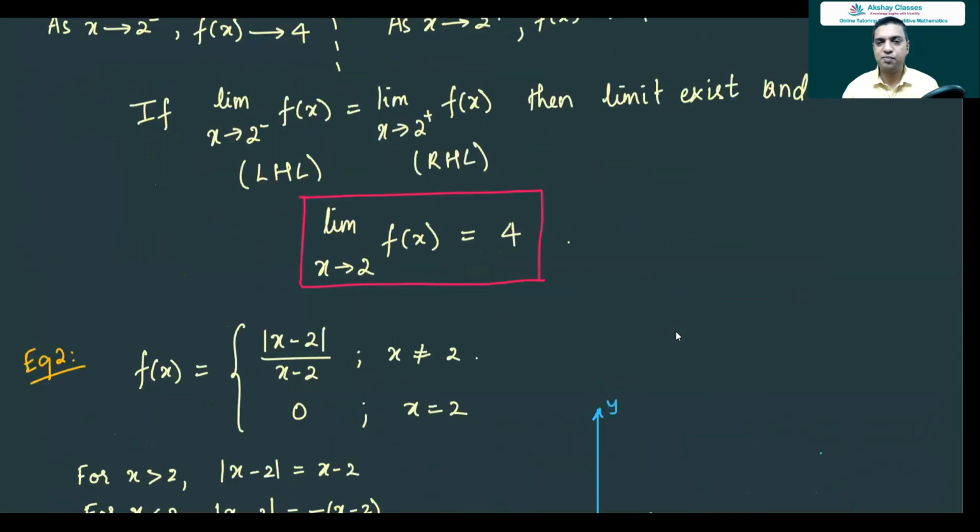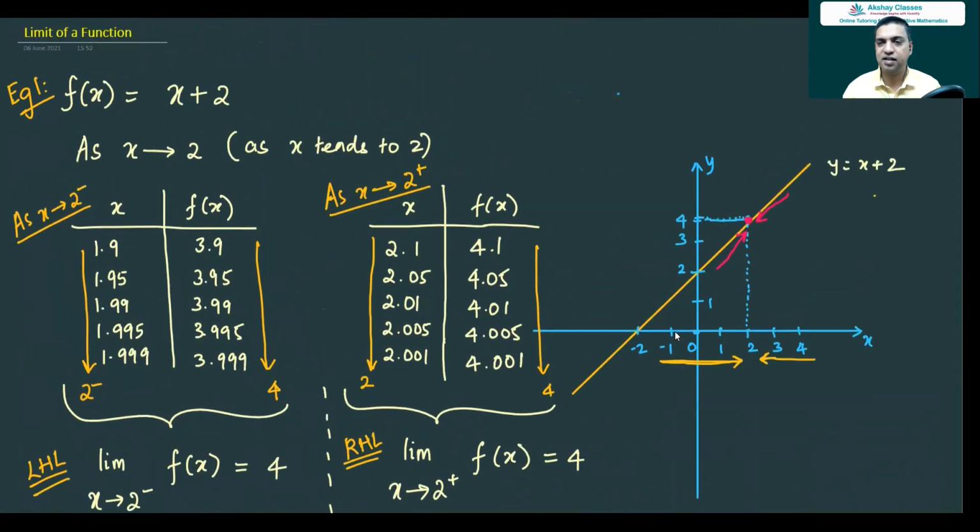So for this function, it is very, very easy. If I am in the neighborhood of 2 here, the function value is in the neighborhood of 4. No problem. So here, very clearly, the limit as x tends to 2 of f of x is equal to 4.